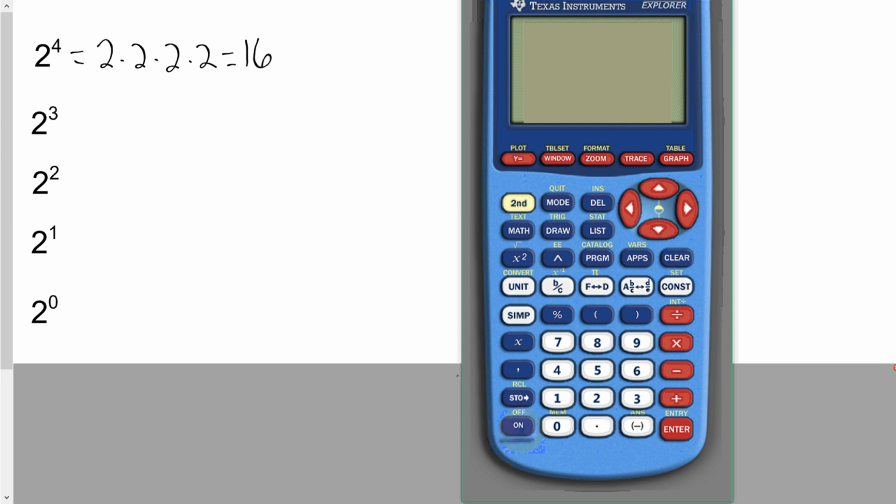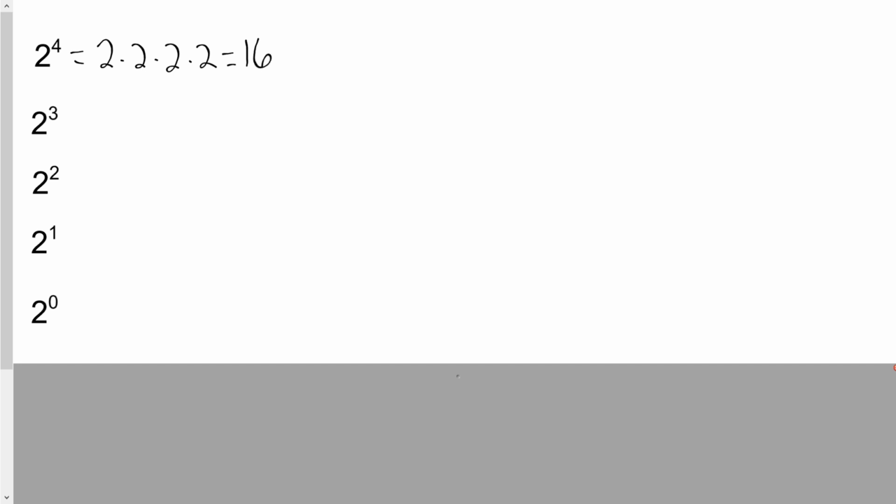Okay, my calculator doesn't want to turn on. There it is. We're going to do 2 to the power of, this is what we call the caret key right here, 2 to the power of 4. There we go. 2 to the power of 4 is 16, just so you guys have that proof.